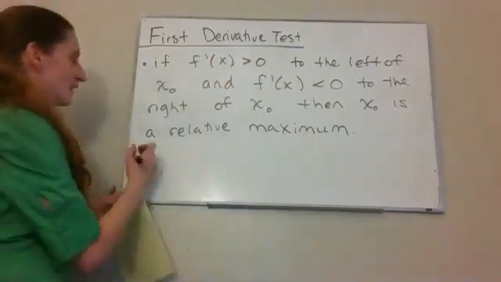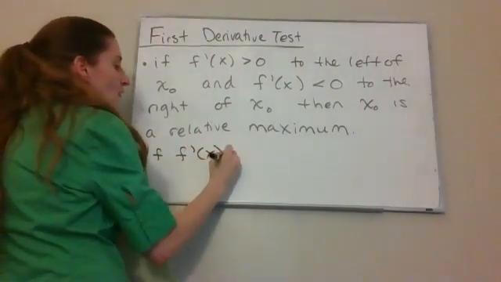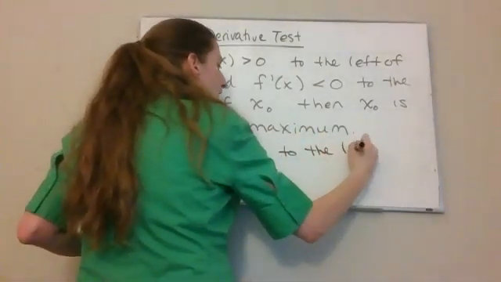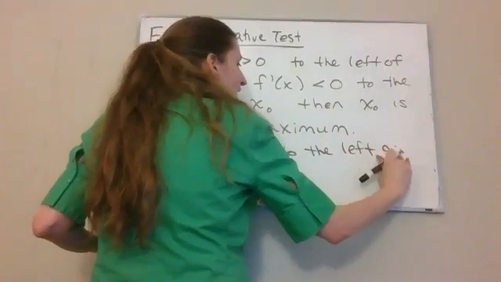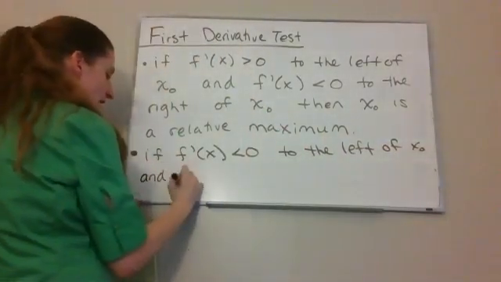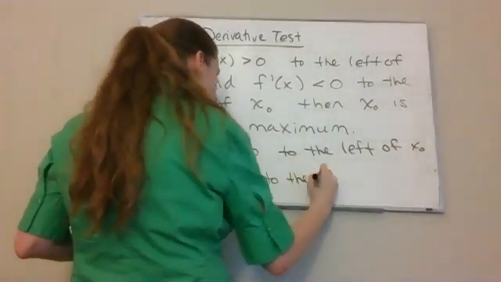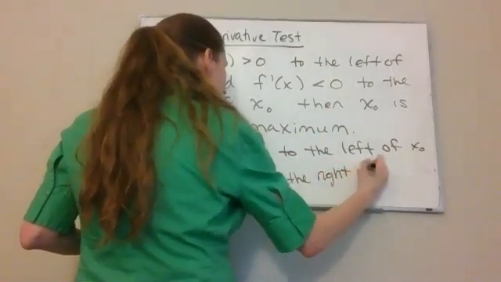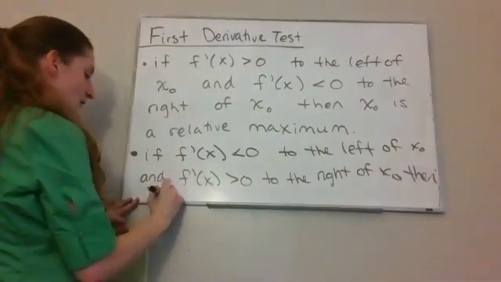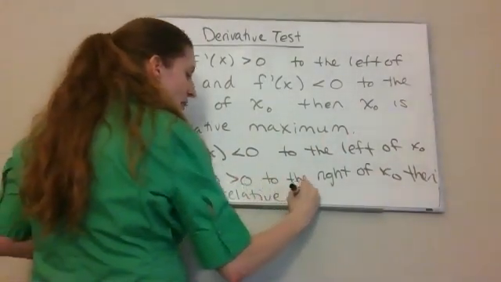That makes sense. We also have, if the first derivative is less than 0 to the left of x0, and the first derivative is greater than 0 to the right, then x0 is a relative minimum.